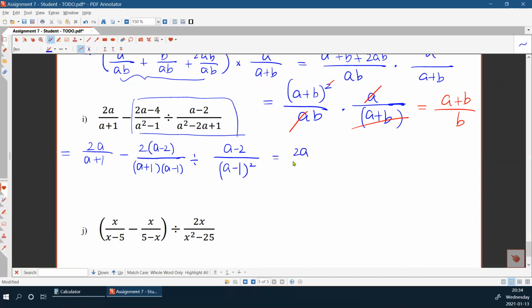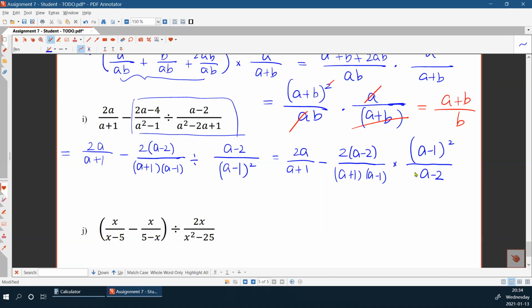Okay, next step, 2A over (A plus 1) minus 2 times (A minus 2), (A plus 1), (A minus 1). Divided by something is times the reciprocal of this term.